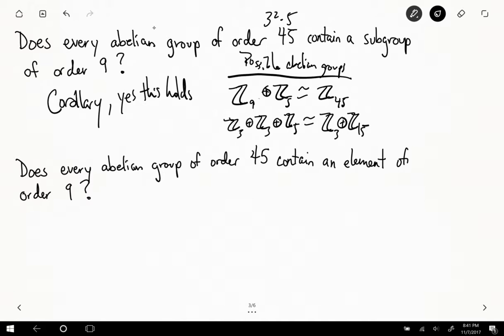Now, if you want to see it, you can actually do it out. The way I would go about it, for the subgroup of order 9 in the second set, I'm going to work with the one on the left. We're just going to let it be the subset of elements A, B, 0, such that A and B are elements of Z3.